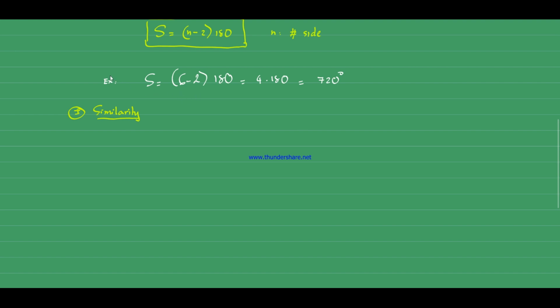So actually similarity over here implies the proportion between corresponding sides.